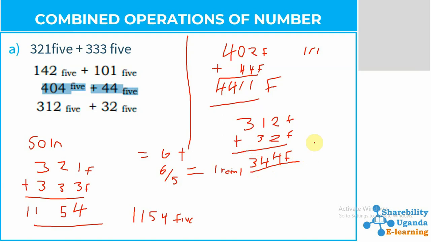So we have done the operation of addition in bases. To make a recap, we should check whether the answer we got after addition is greater than or less than our base. When it is greater than our base, we divide it by our base, which is 5.